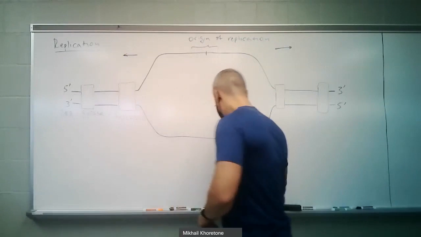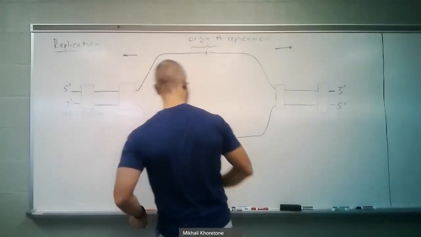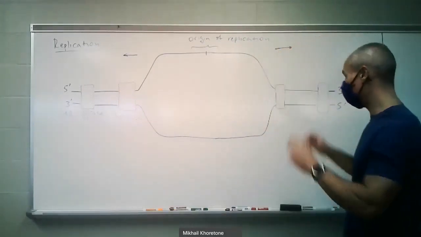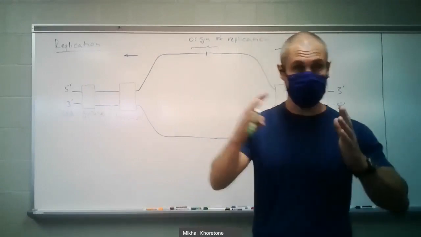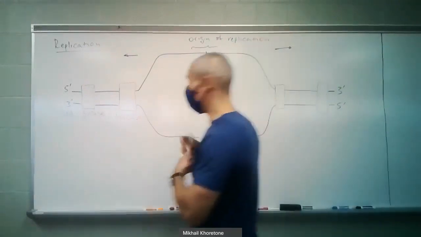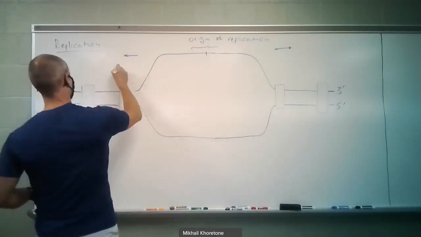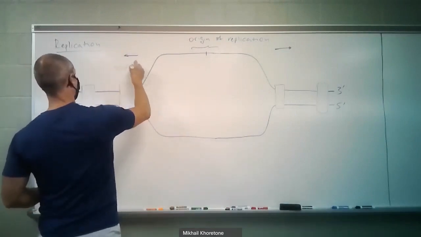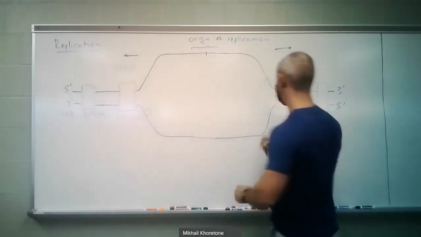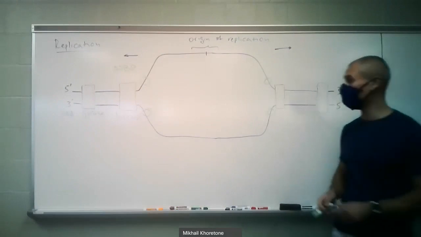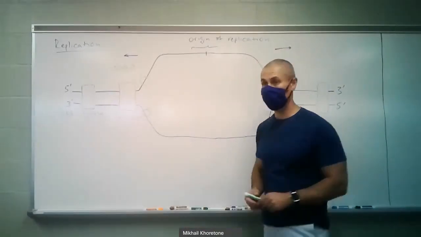So first of all, when you separate these strands, they immediately, quote unquote, want to come back together. They want to renew. To prevent this, a protein called single strand binding protein binds to each individual strand and prevents them from coming back together.